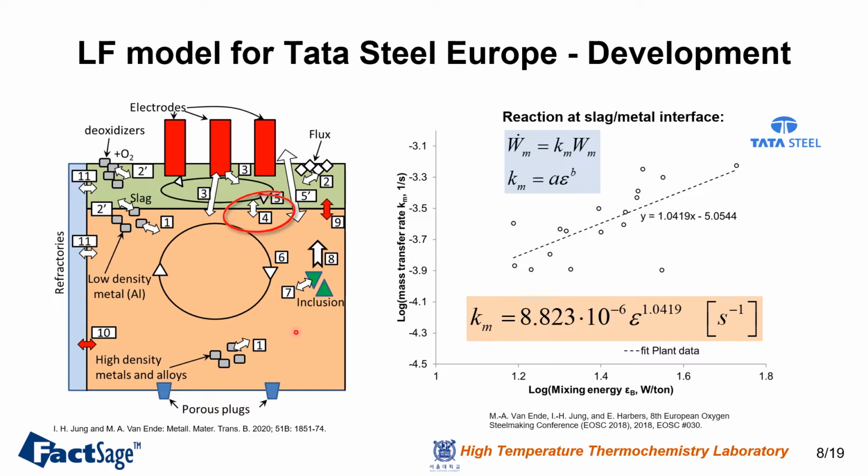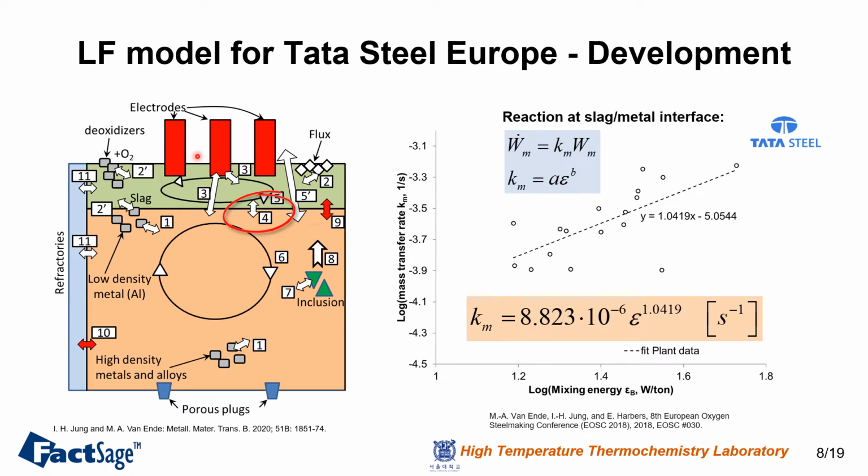And also one of the important impurities is inclusions. So we have to also consider modification of the inclusions and the removal of the inclusions simultaneously. And if there is a temperature difference between the slag and the metal, then naturally heat transfer can happen. So we have to even include the heat transfer equation between the steel and the slag to find out the final temperature accurately.